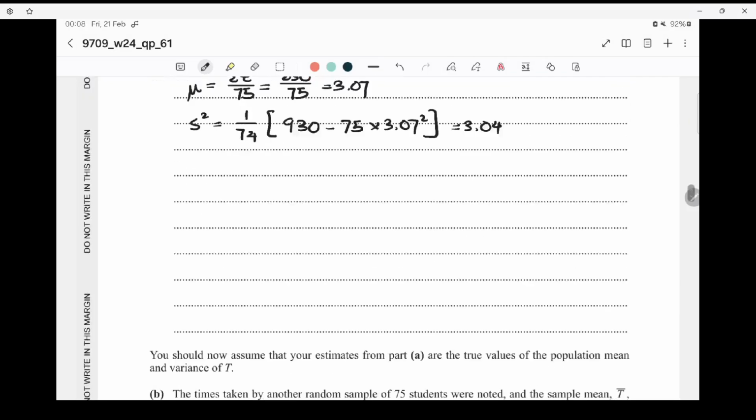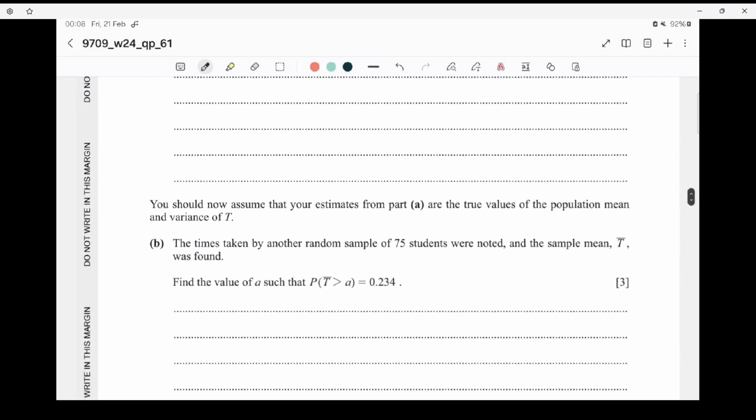So that's part A. Part B. You should now assume that your estimates from part A are the true values of the population mean and standard deviation. Time taken by another random sample of 75 students is noted, and the sample mean is found.